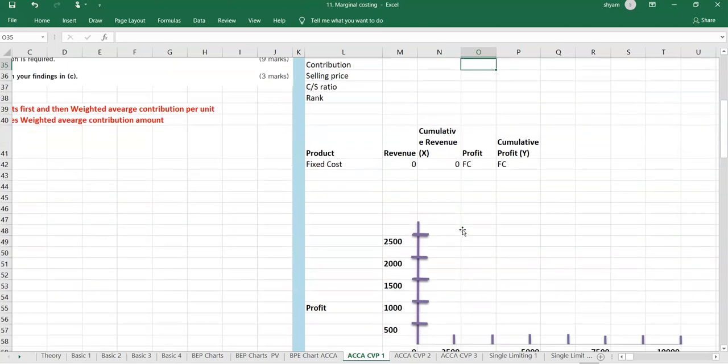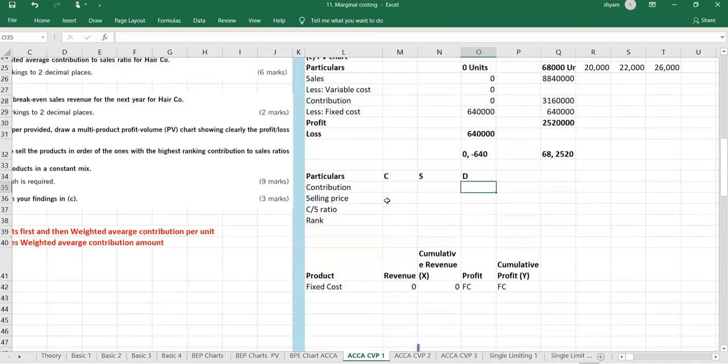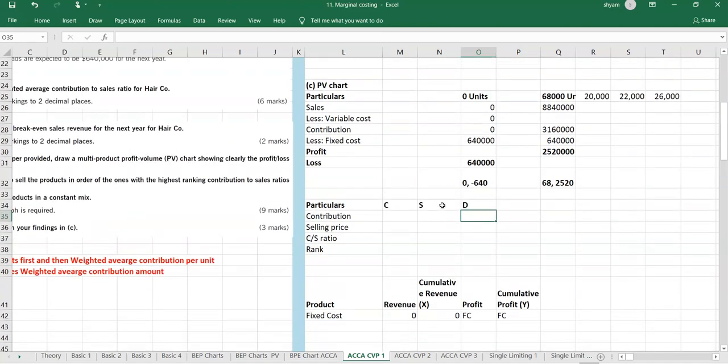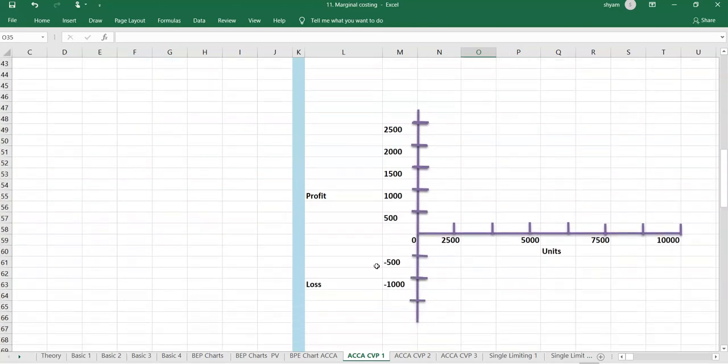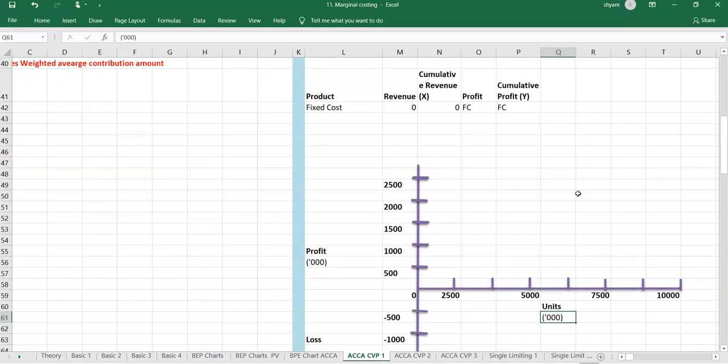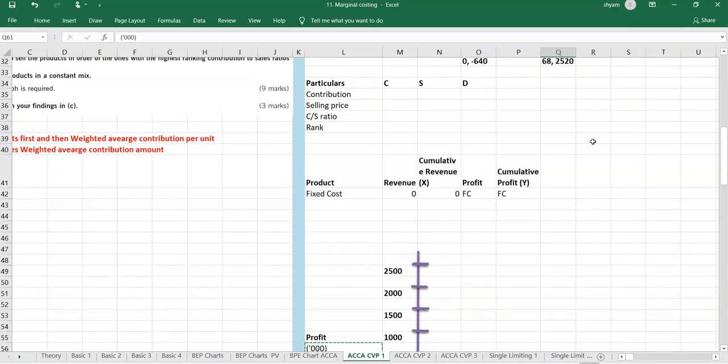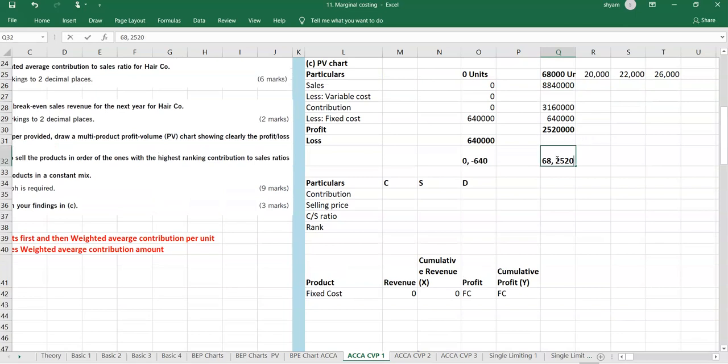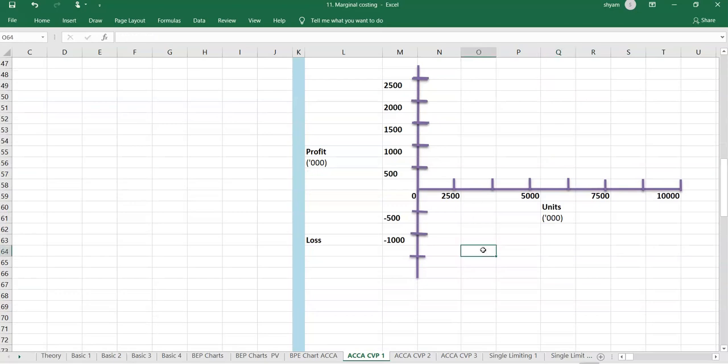So the maximum loss is 640. All these numbers are shown in thousands, so that has to be mentioned. Units is 68, or you can just have 68,000. That won't be a problem. It's only for your convenience, so we can show it like that.